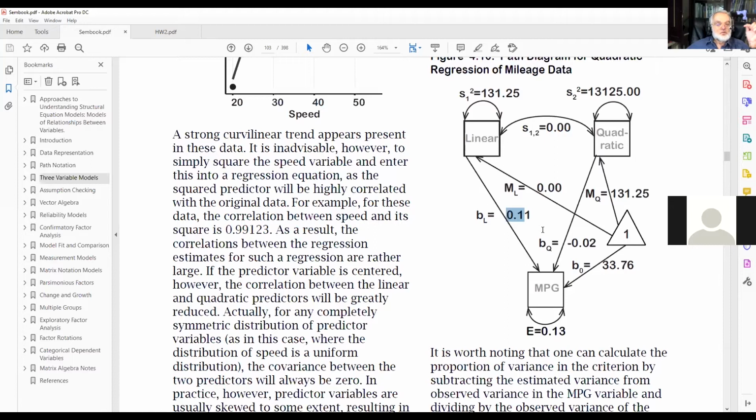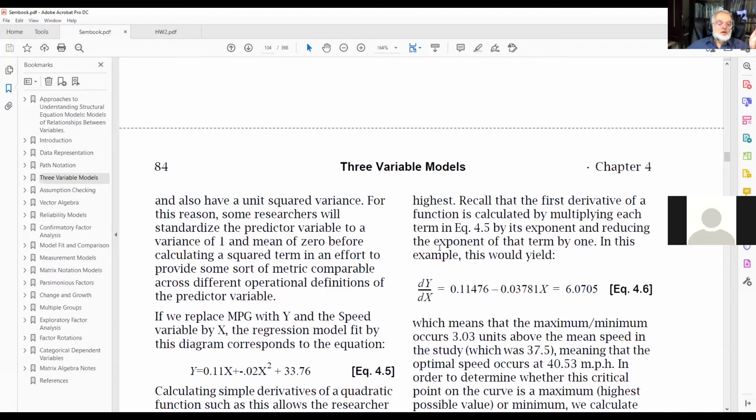You may, however, when you publish the work, report the uncentered solution, mainly because that's the regression weight that other people coming after you might use if they were doing some work with your particular predictor variable, because they're not going to be so lucky as to get exactly the distribution of X scores, of predictor scores, as you did in your particular study.